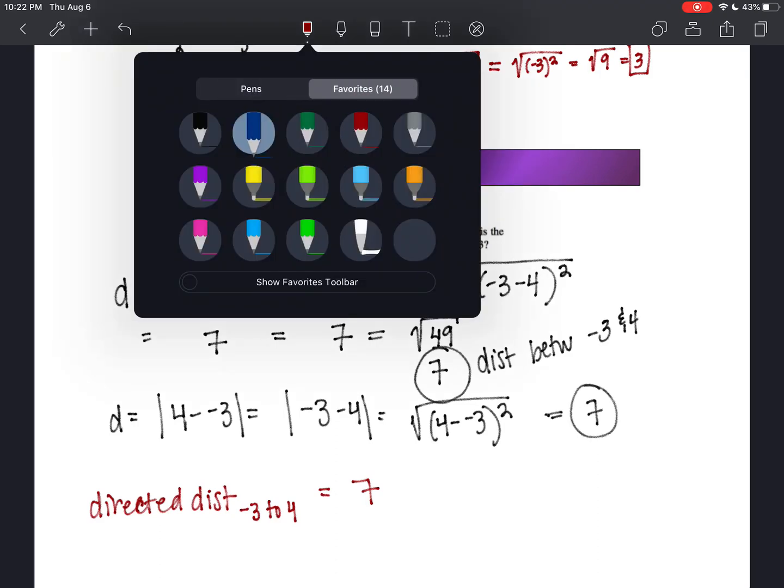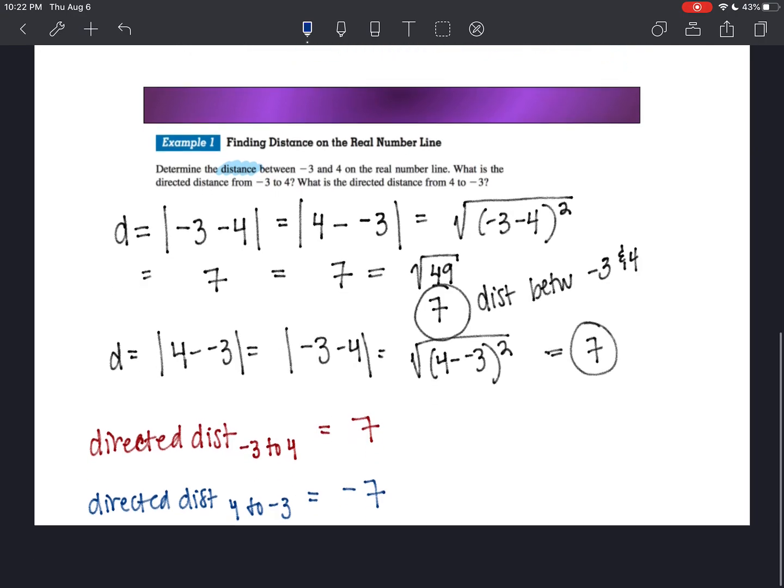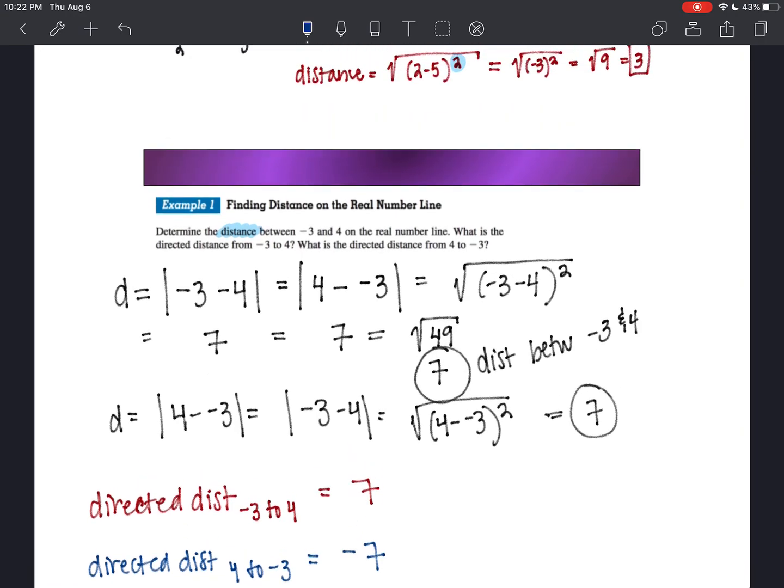And the directed distance from 4 to -3, well, 4 is getting smaller going to -3, so that value is -7.